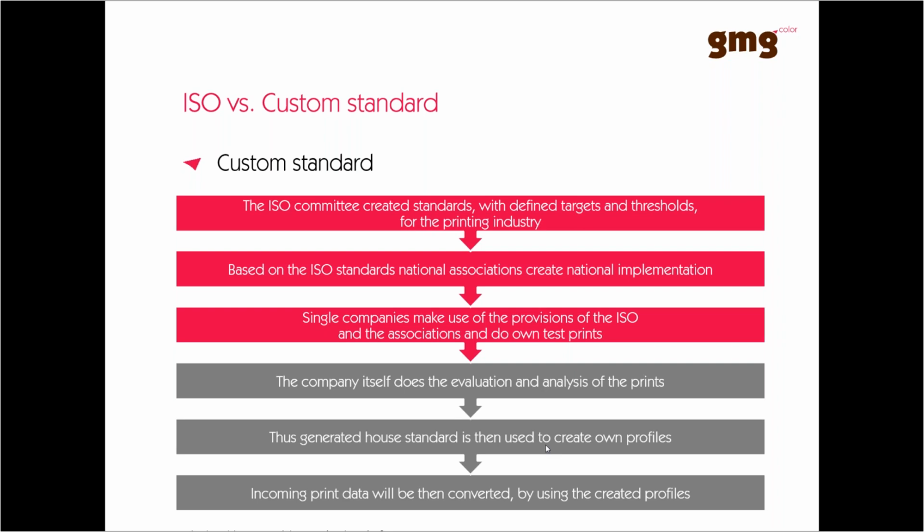You can proof your files upfront to see what results you get by using my process. So maybe your process or your machine can print a larger color space compared to the ISO, and that's something you would like to highlight here. That's something you can do by using own profile sets.